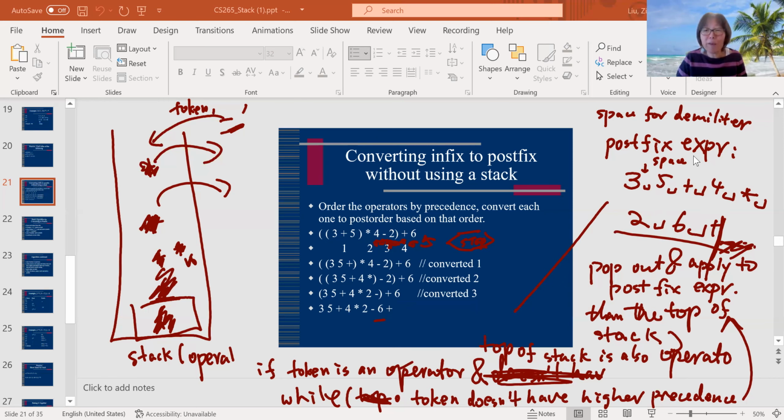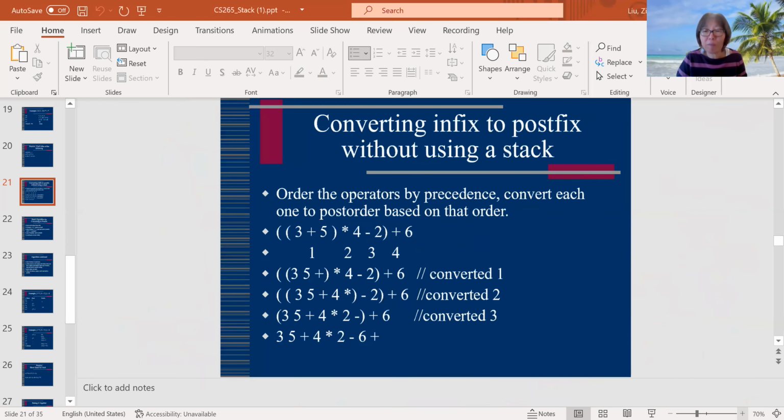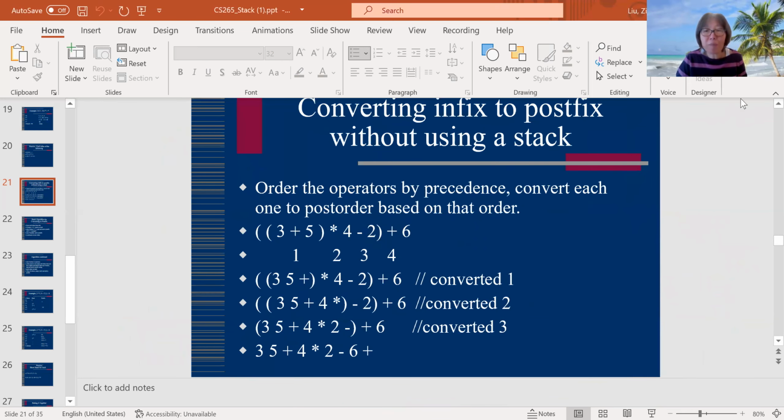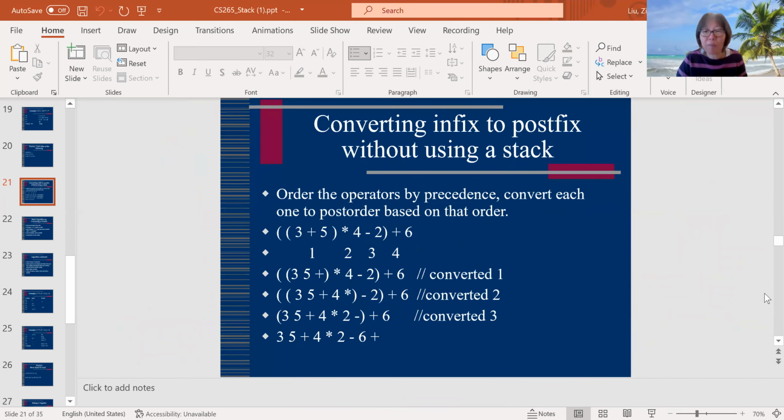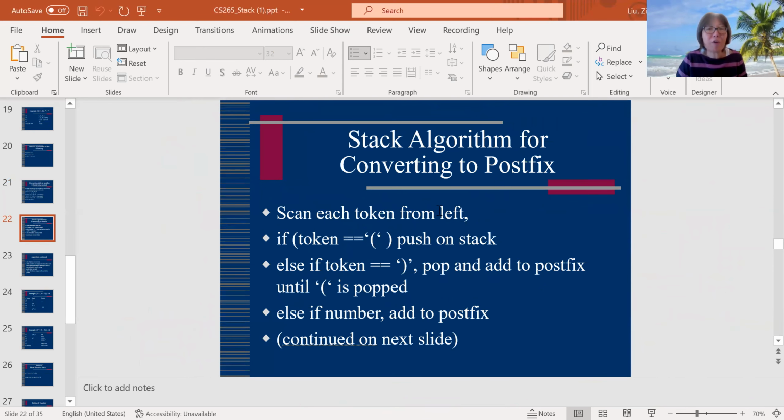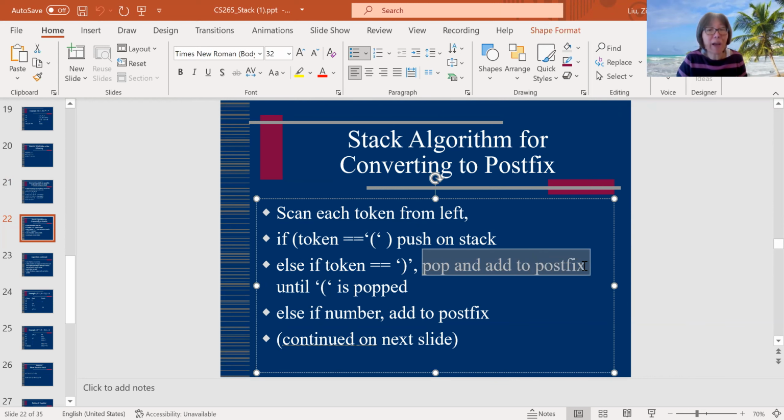We just used an example to explain the algorithm. Next, let's take a look at it. We scan tokens. If it's a left parenthesis, we push it to the stack. If it's a right parenthesis, you pop from the stack, apply the operator, and add to postfix until the left parenthesis is reached, then you pop it out and stop.